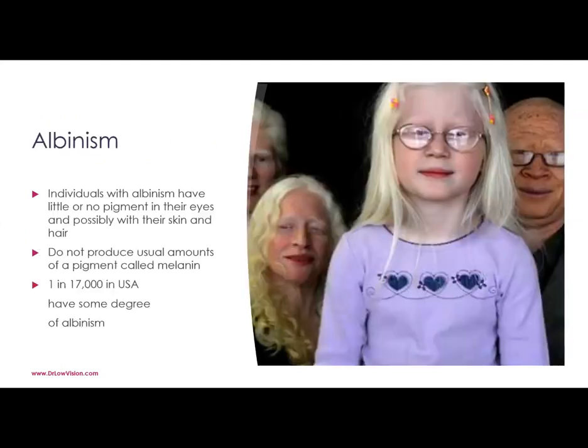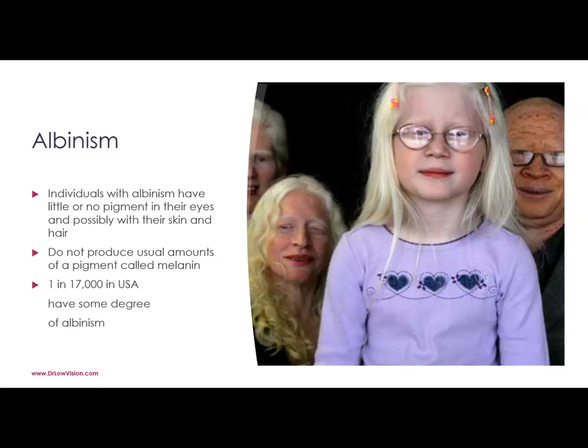Albinism is another congenital or hereditary condition, and it affects the pigmentation in their eyes and in their skin. So for some people, it's just maybe their eyes, and you wouldn't be able to tell that they have the ocular albinism. If it affects their skin and their hair, where they're a lot paler, that is one that actually affects all areas of the pigment. And these individuals, no matter what degree of albinism they have, are often very, very light sensitive.